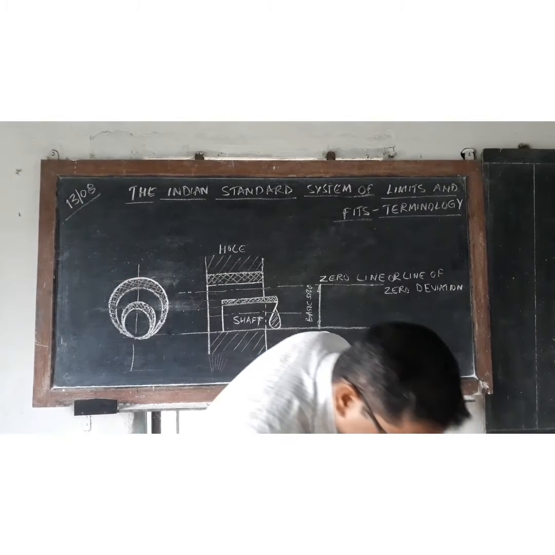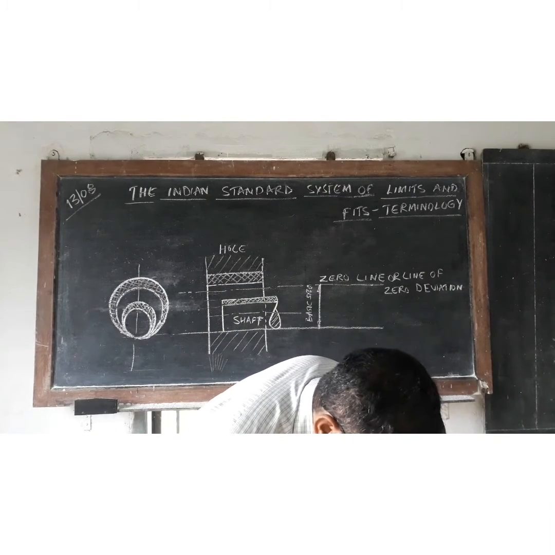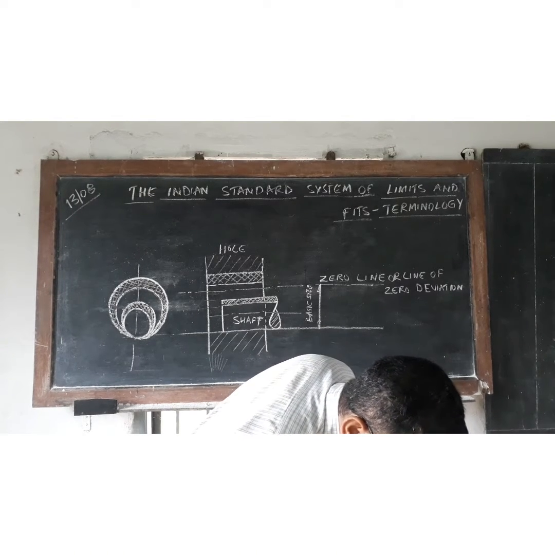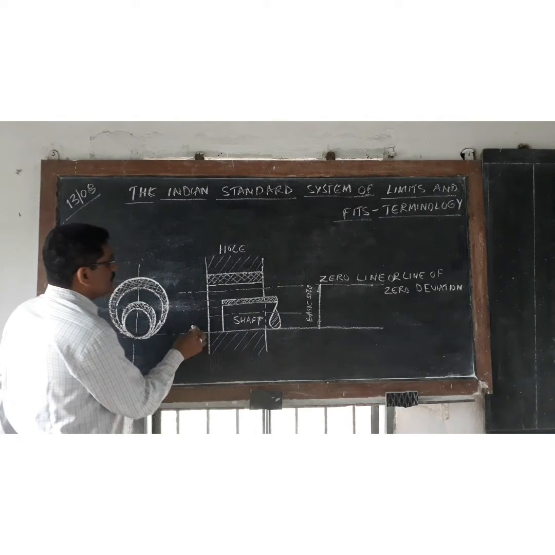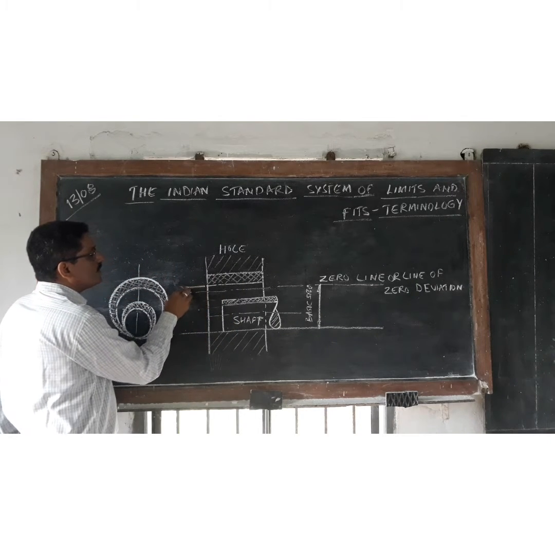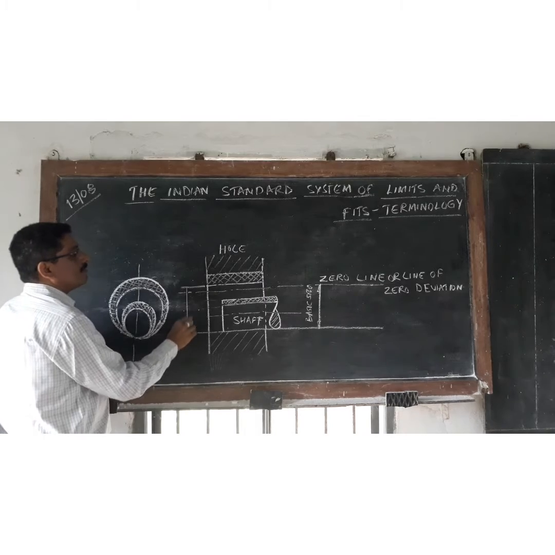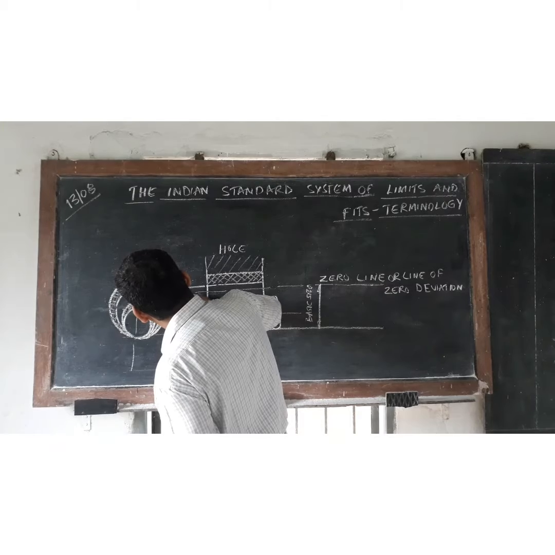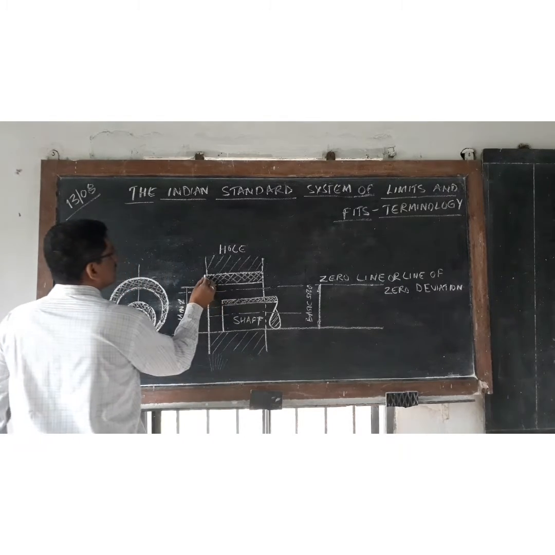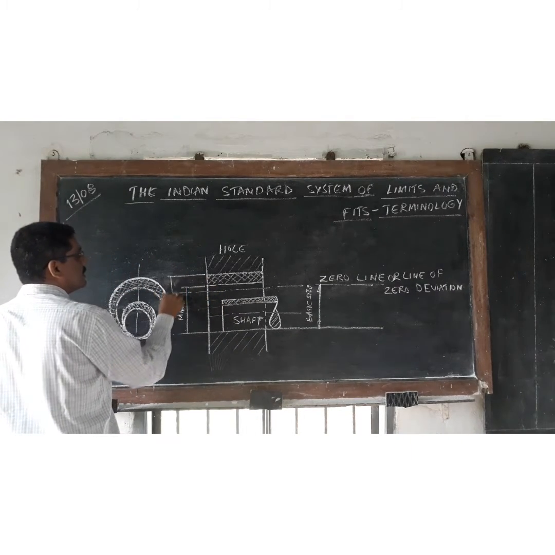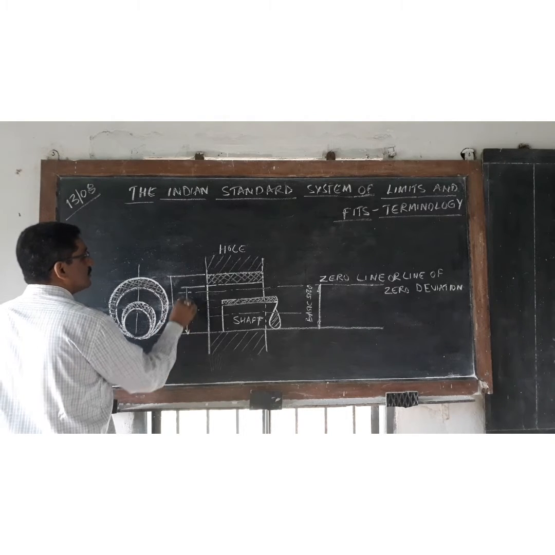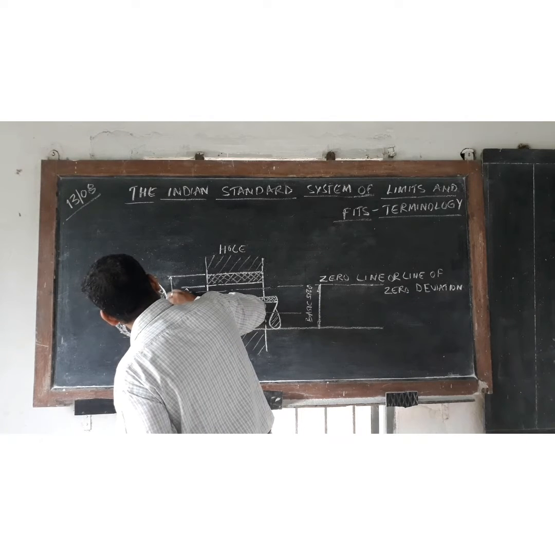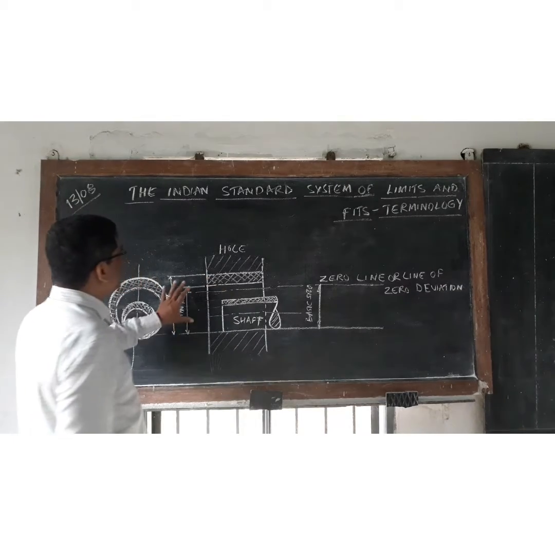Now first we will see the hole. This is called the minimum diameter, and this is called the maximum diameter.